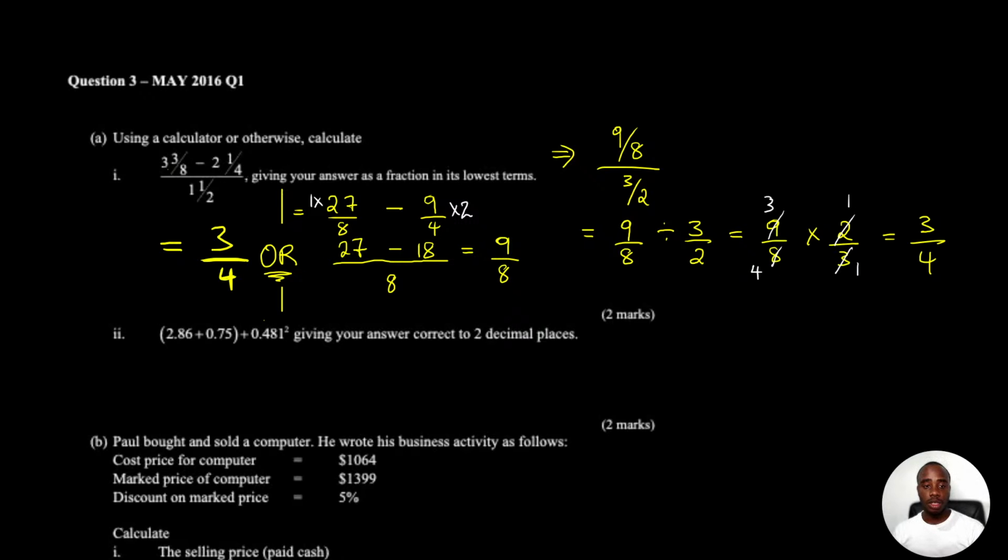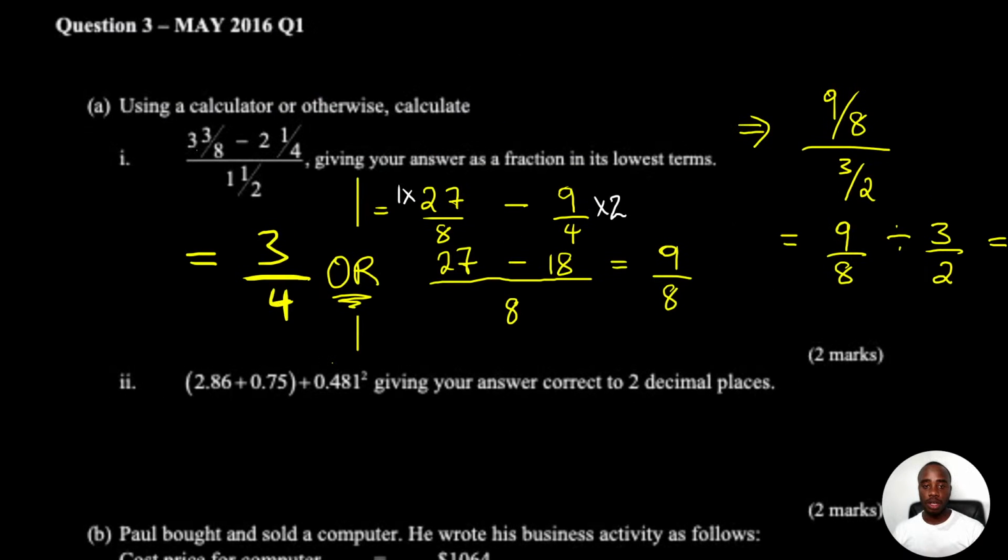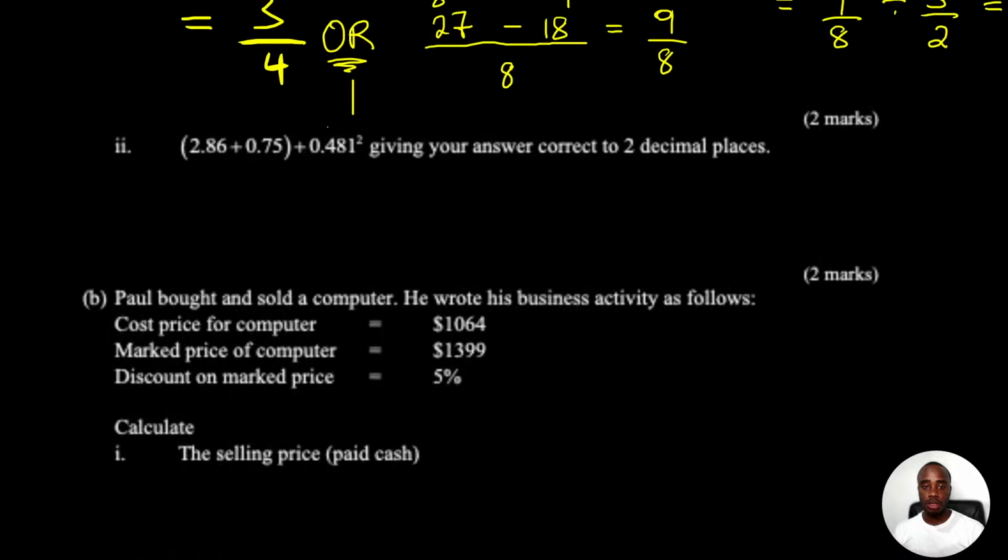All right. Let's go to number 2. So it says we're going to calculate this expression here. We're going to work out what we have here: 2.86 plus 0.75 in bracket plus 0.481 squared. So we just put it in the calculator the same way.